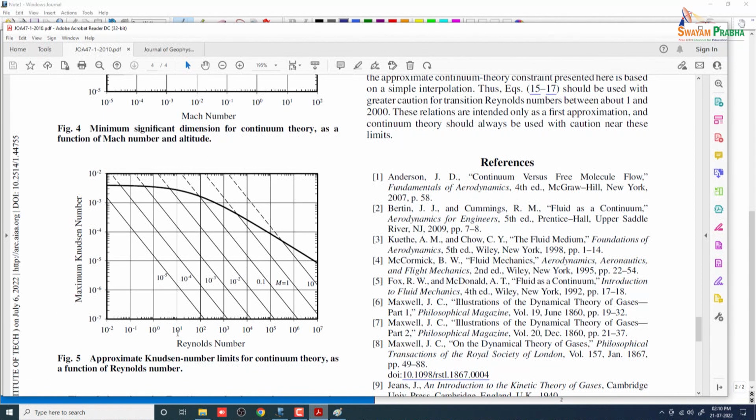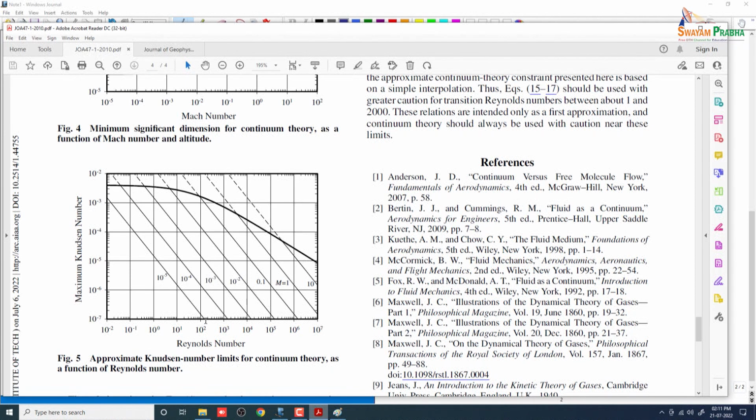For example, at a Reynolds number of 100 and Mach number of 10 to the power minus 5, the maximum Knudsen number is 0.001. In other words, at this Reynolds number and Mach number, continuum theory is going to be violated if the Knudsen number is greater than 0.001.